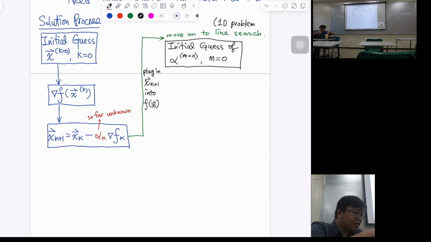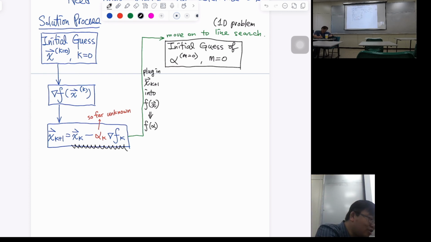Since x of k plus 1 equals a term like this, xk minus alpha k times the gradient of f at k, what's unknown inside? Only alpha. So at the end, it becomes a function of alpha. I will do some exercise later on to show you. Indeed, it becomes an equation of unknown alpha, no vector sign, sorry, because it's only a scalar. So it will become a function of alpha.